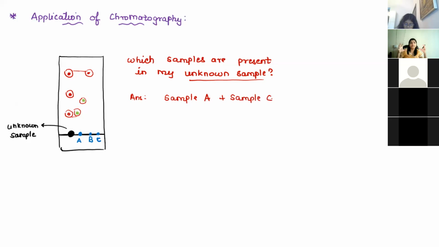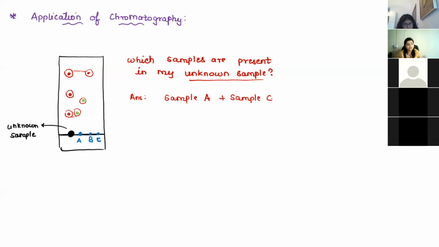So let's say you have an unknown sample, and you know that this sample contains 4-5 components, and you have those 4-5 components separately also. You will run all of them through, match the distance of the spots, and by correlating the spot distances, you can find out which samples it contains.